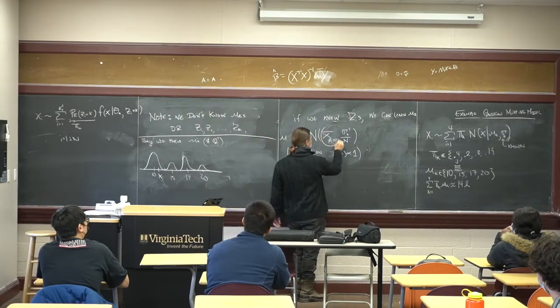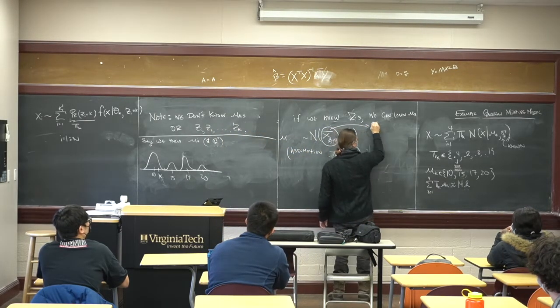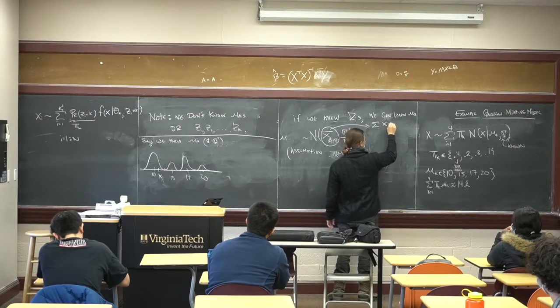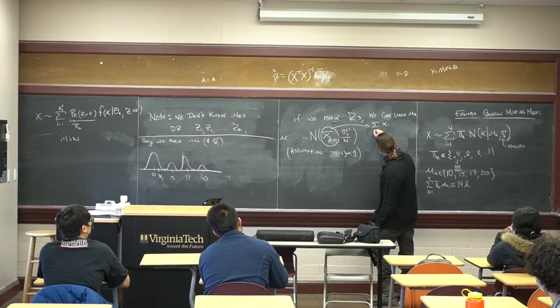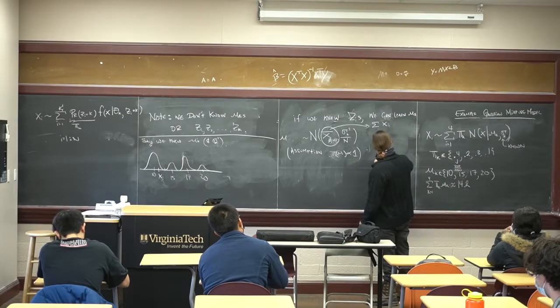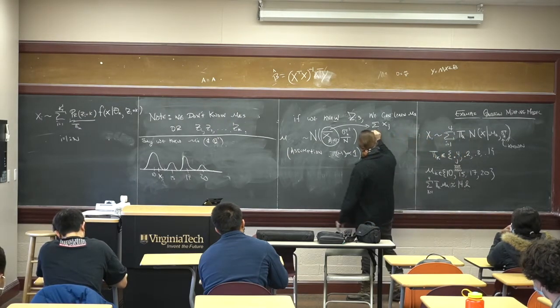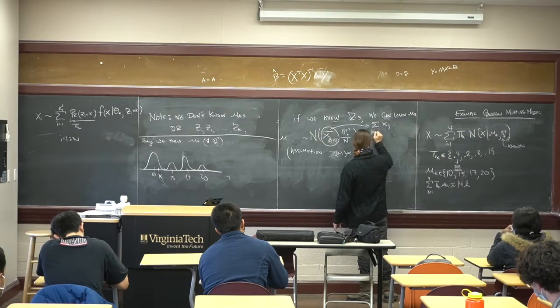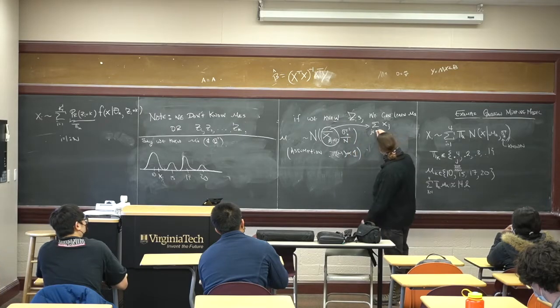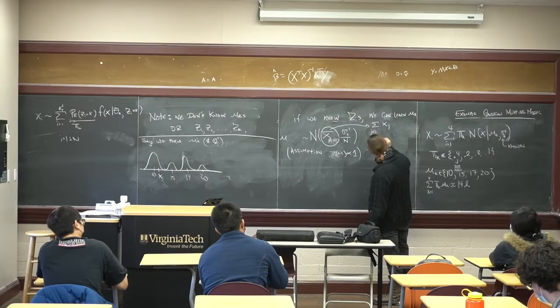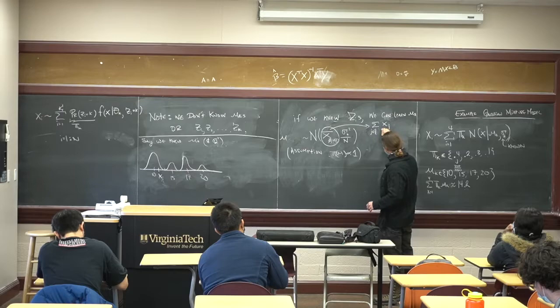So this is going to be the sum of the xi's right here. I'll use a different index just so I don't confuse you. So xj's, where the j's are going to be an element of the x's.